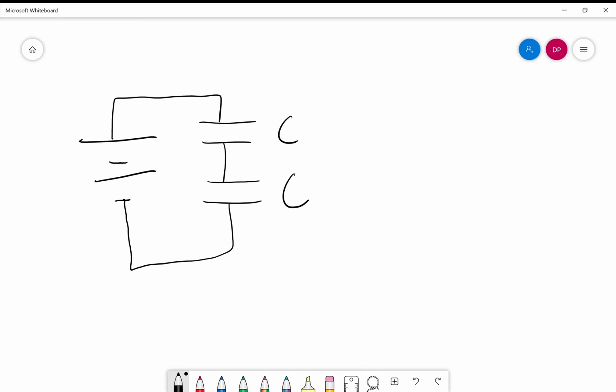I'm looking at a problem on assignment 9, I believe it is, problem 6, where you have to determine the change in total energy of a circuit as pictured, where we insert a dielectric into one of these capacitors.